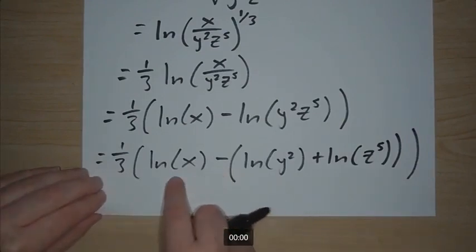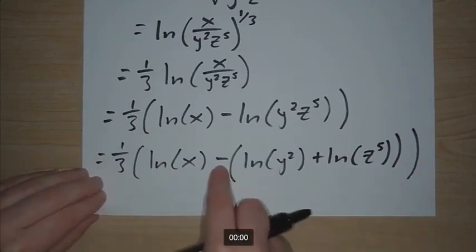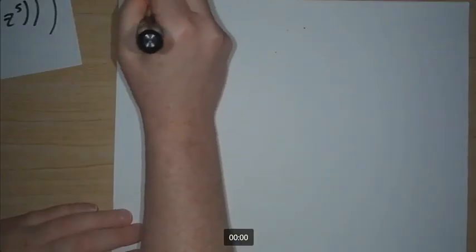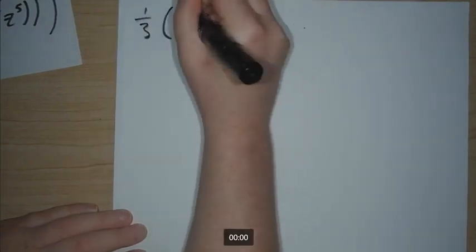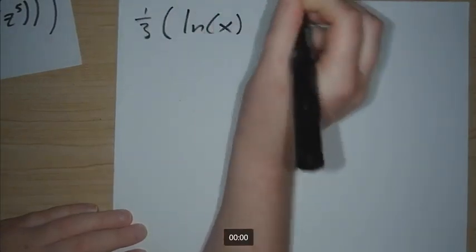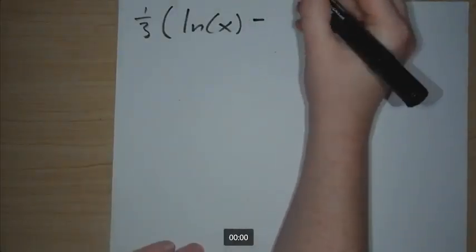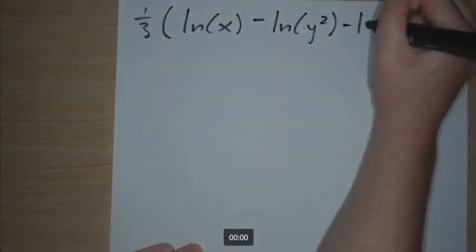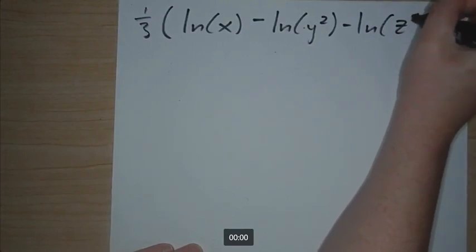Next, I'm going to simply rewrite this so there's fewer parentheses and distribute this negative. So this is going to be 1/3 times ln of x, and distributing this negative, we're going to have subtract ln of y squared minus ln of z to the fifth.